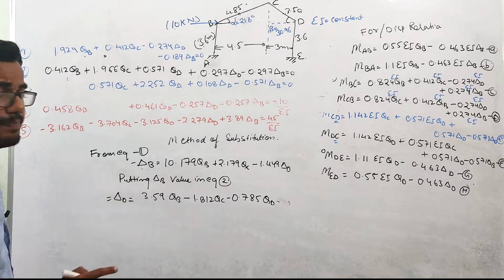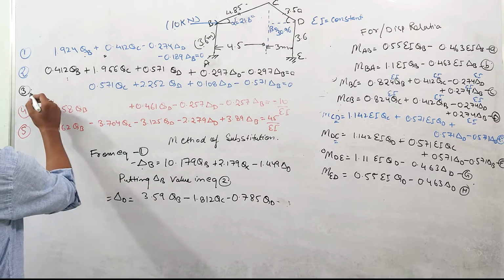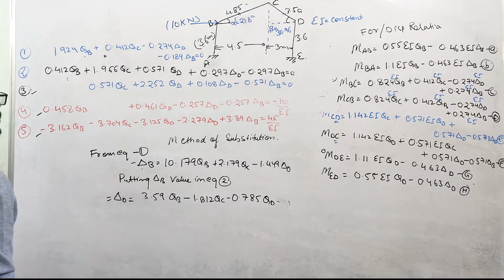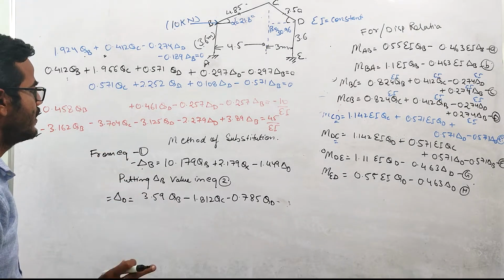The next step is to put these values in equation number 3, 4 and 5. This way we are reducing the 5 equations into 3 equations.